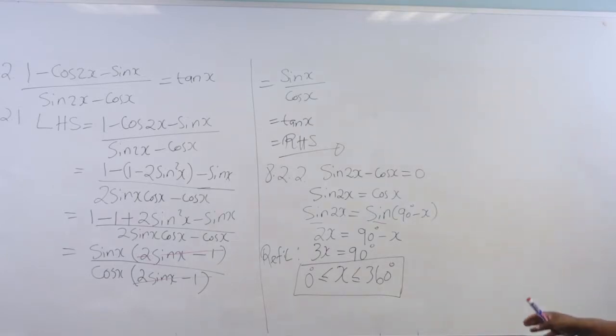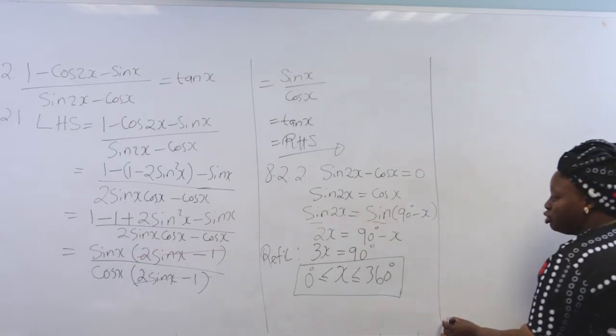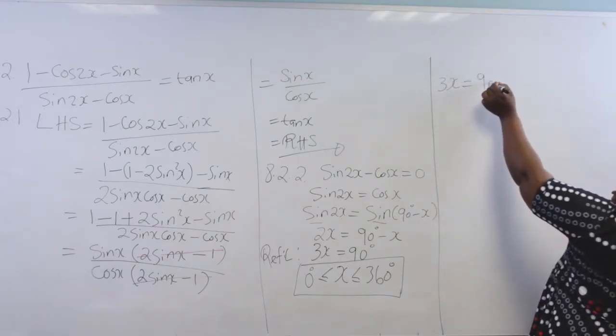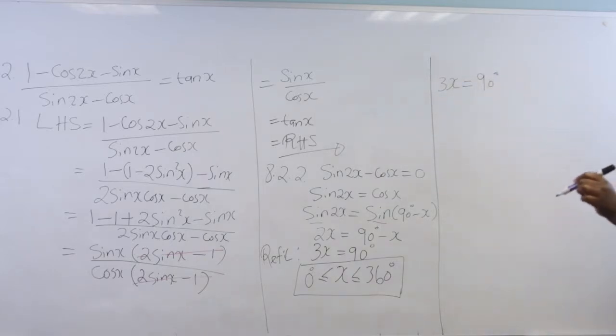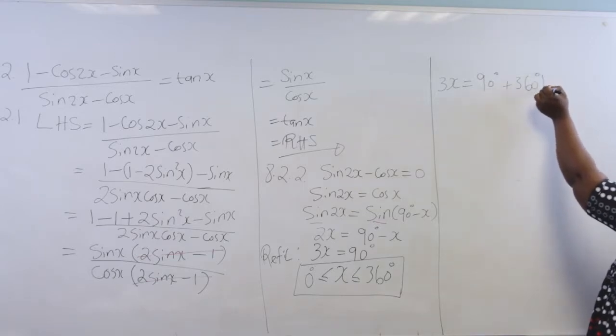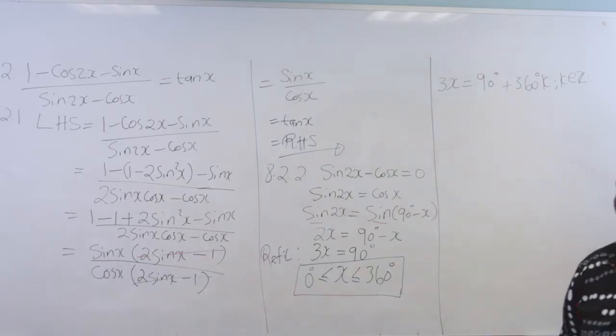Can be 0, can be 360. So how do we do that? We're going to use it as if we were doing a general solution. We're going to say 3x is equal to 90 degrees. We are dealing with a sine, so it's going to be plus 360 degrees k, where k is an element of integers. And then we start using the calculators, put those integers inside so that we can get the solutions.